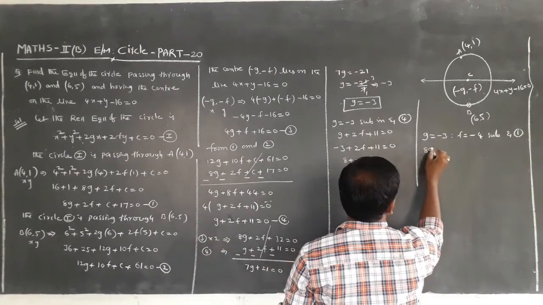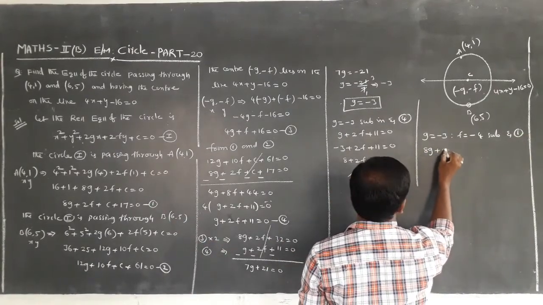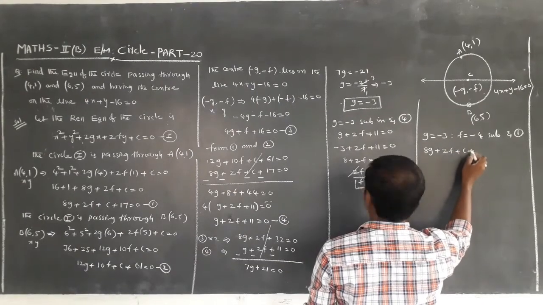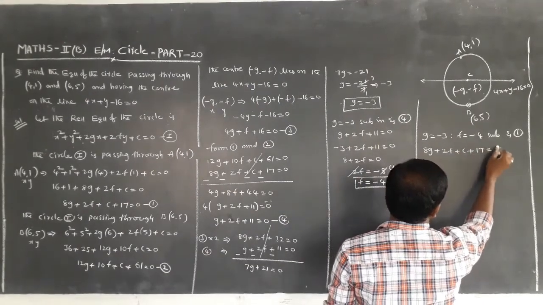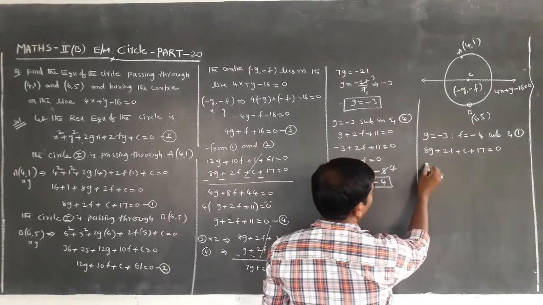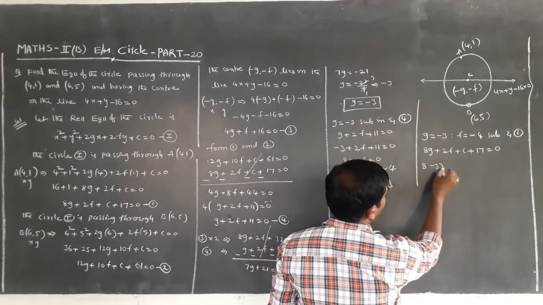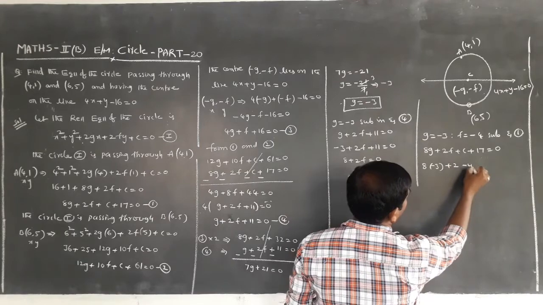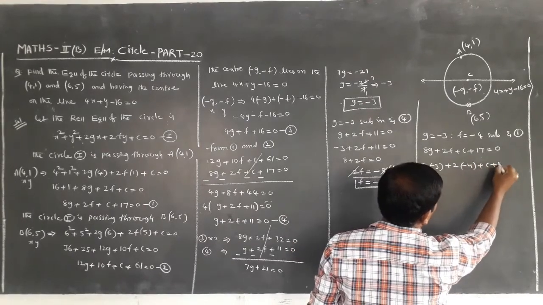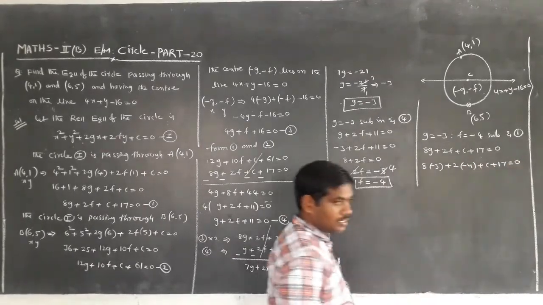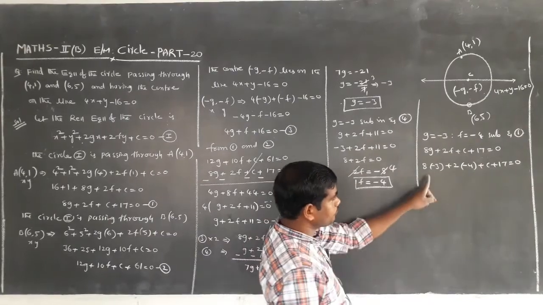Equation 1 is 8g plus 2f plus c plus 17 is equal to 0. 8 into g, minus 3, plus 2 into f, minus 4, plus c plus 17 is equal to 0.